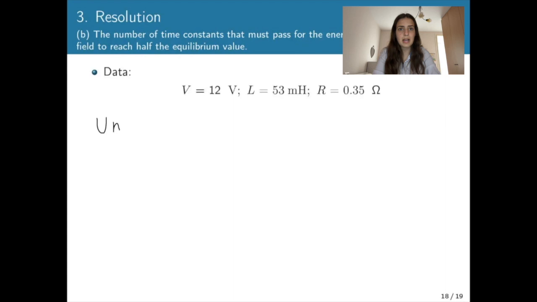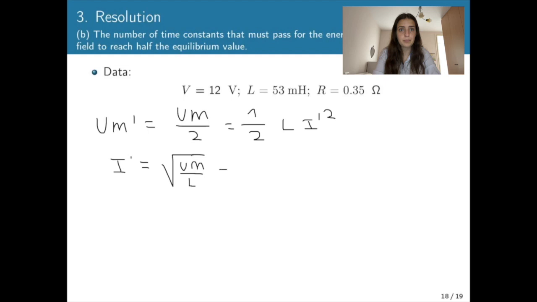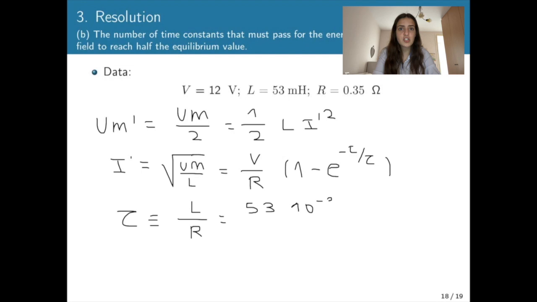Now, the number of time constants that must pass for the energy stored to reach half the equilibrium value. First, we write the new energy in terms of the previously calculated one. Then we isolate the current and equal it to the expression obtained after solving the ODE. Then what we do is calculate the value of tau in seconds.